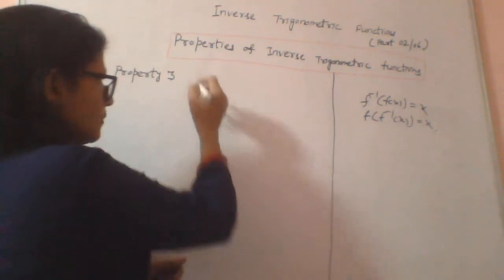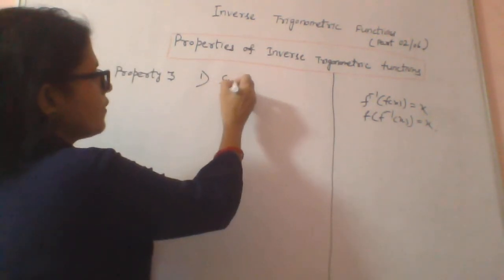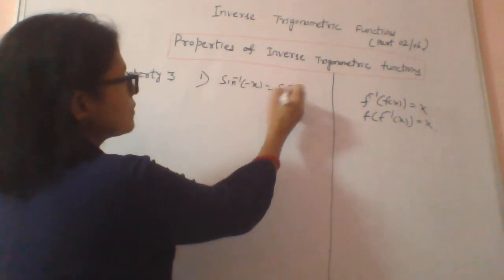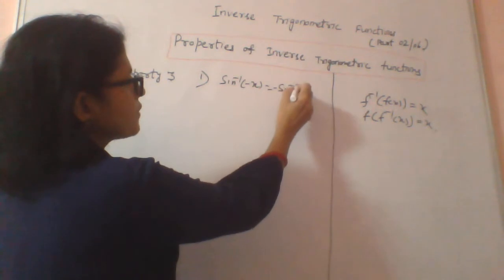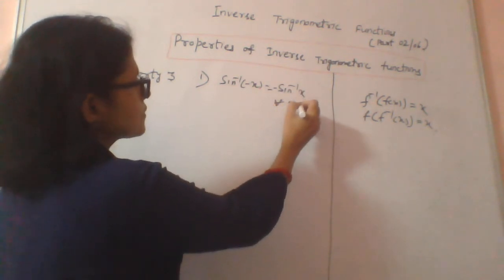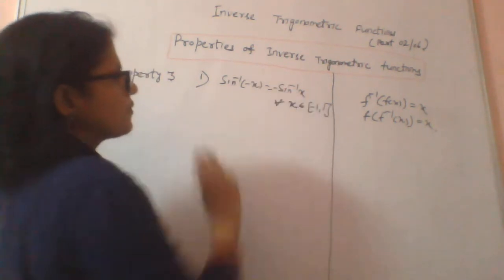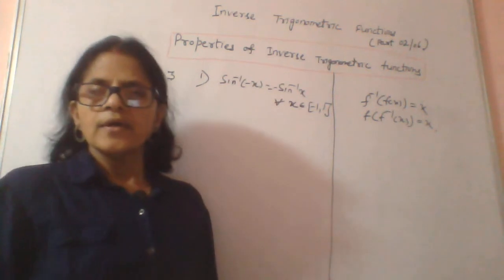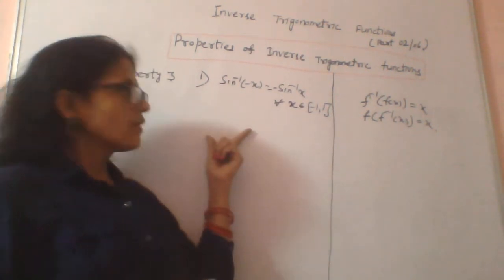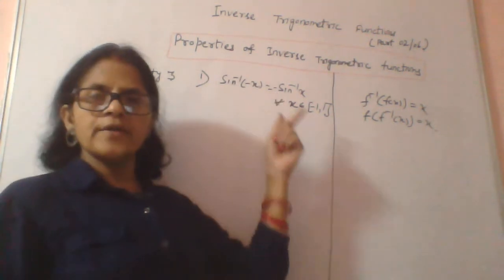Property number 3, first part: sin inverse minus x equal to minus sin inverse x, for all x belonging to the closed interval minus 1 to 1.